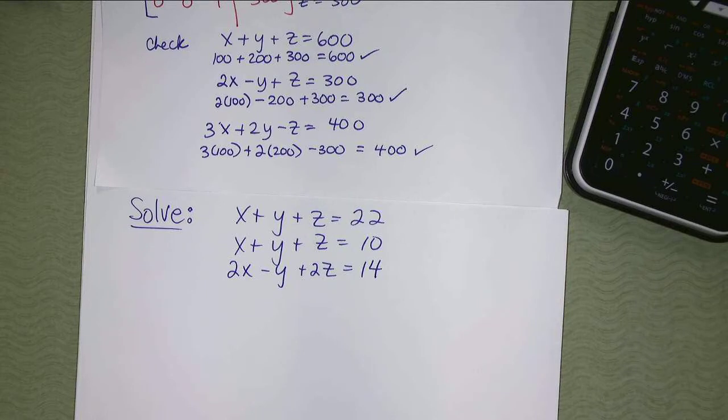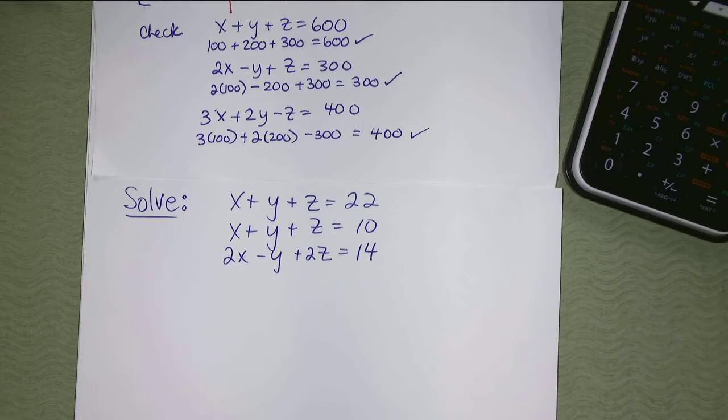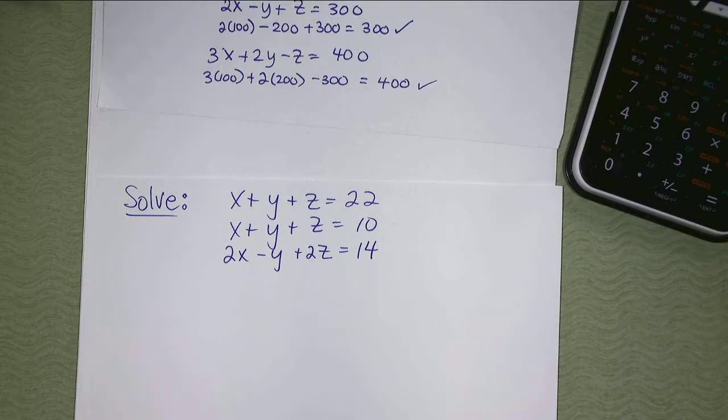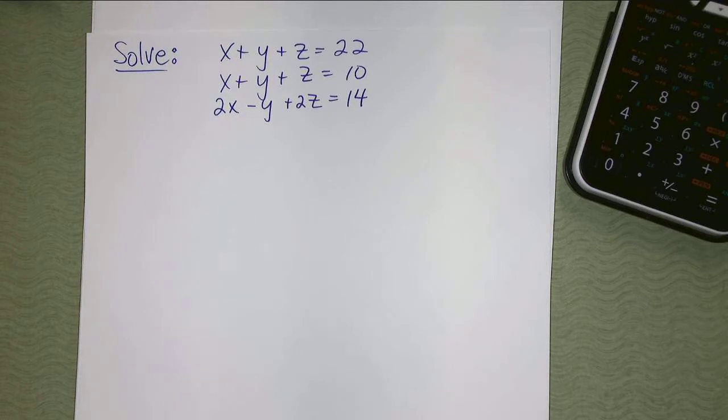But most of the time you can't tell. Okay. How can you see that there's no solution here? What do you see that would indicate that this is not going to work?